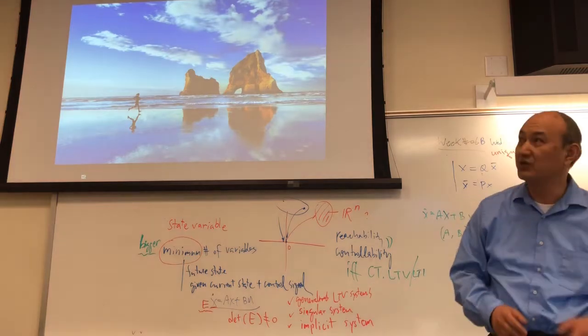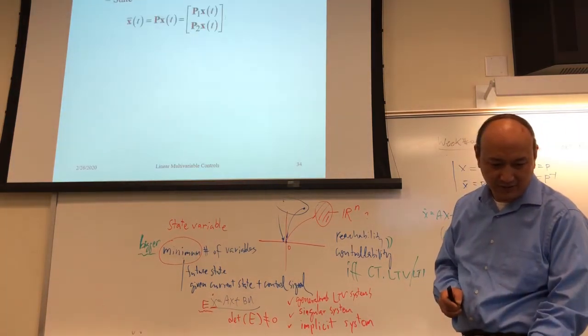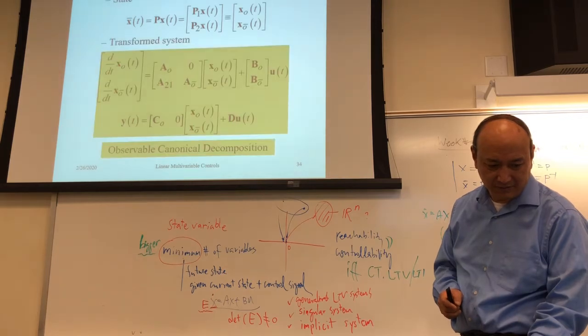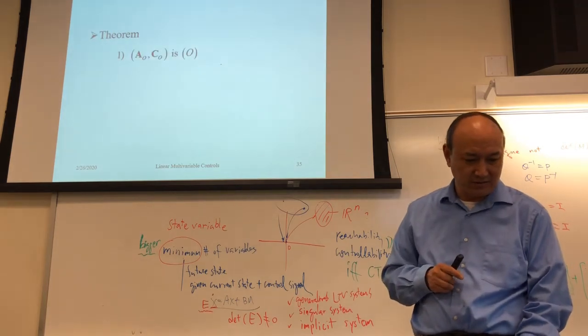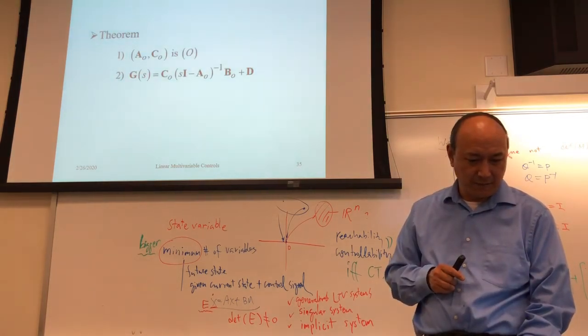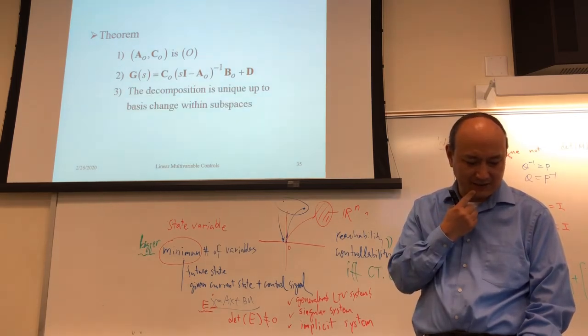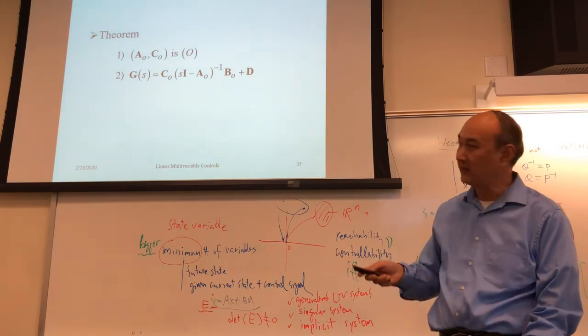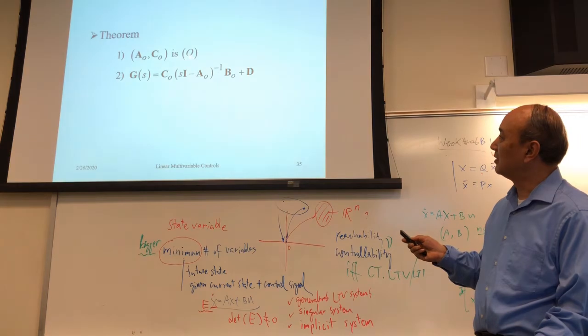So we have a few slides left, let's see what we have. Canonical form. There are codes you can use to do this decomposition. So we have A0, C0 observable.